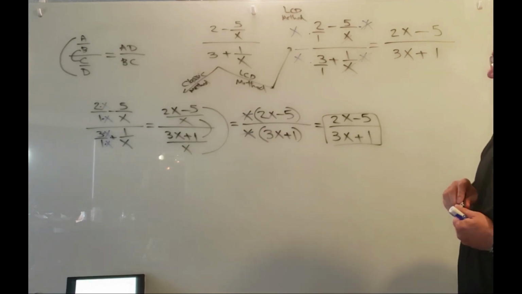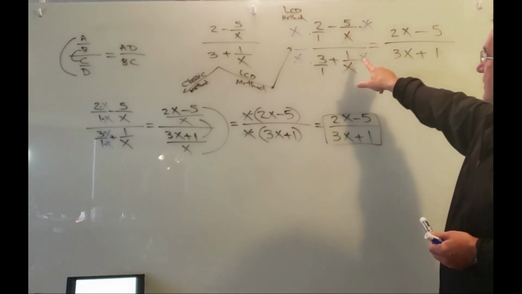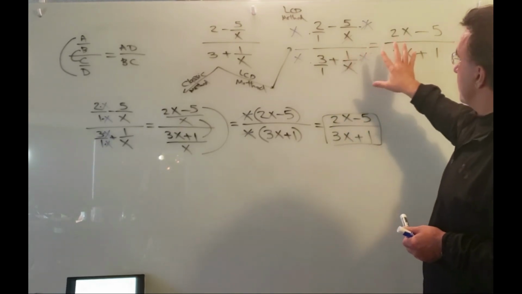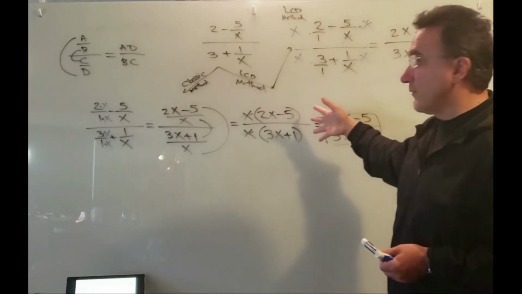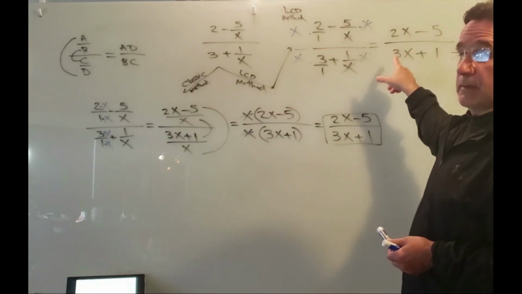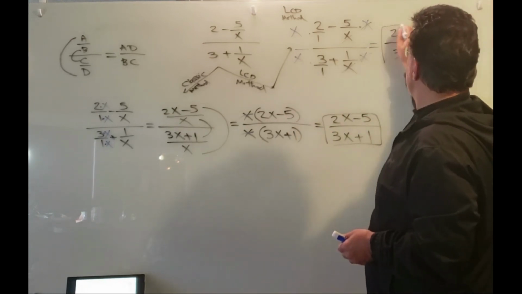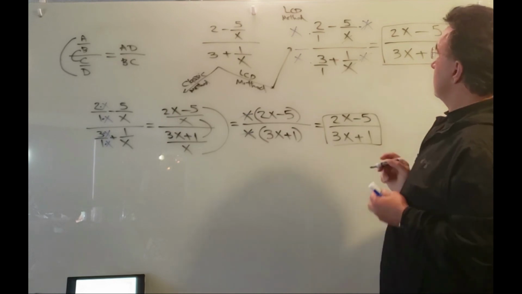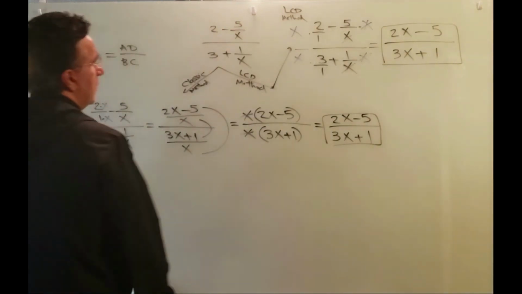So I think you can see how much quicker and more efficient the LCD method is. We basically got to our final answer immediately, in one step, which we had to go through all this work for before. So it's really, really efficient and a powerful method that we'll be utilizing more and more.